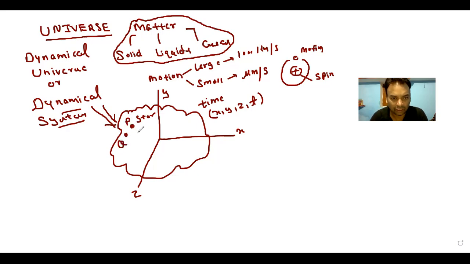Here I take the initial time t equal to 0, and after some time, t equal to t dash, it reaches the new position. So what are the coordinates of point P, and what are the coordinates of point Q? Basically, for this star, this XYZ is called the frame of reference.